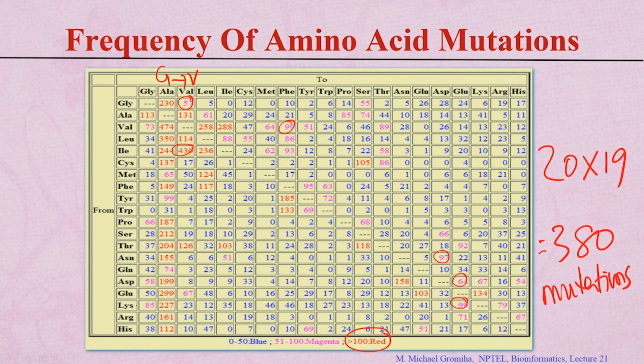Why do they study lysine to glutamic acid? To see what happens when you change a positive charge to a negative charge, whether it is stabilized or destabilized. In some cases there is completely 0, because no one wants to mutate tryptophan to proline. Likewise, you can see the other mutations, methionine to tryptophan, and so on.